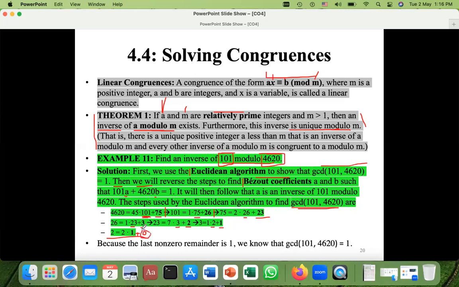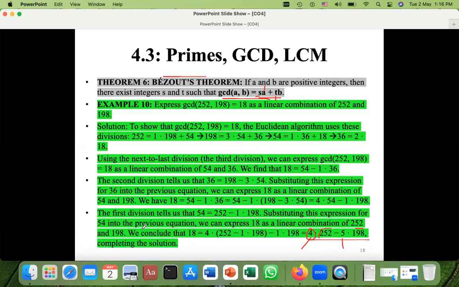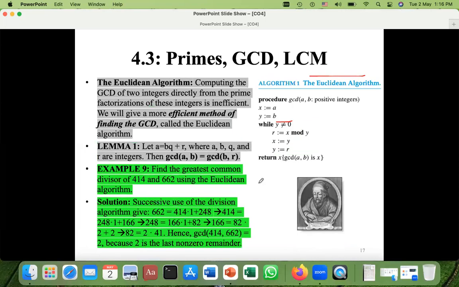When y becomes 0, at that time, the remainder is updated in this y. And 2 divided by 1, whatever it is, then you will have 0, and while y is not equal to 0, continue. If it is 0, break it.